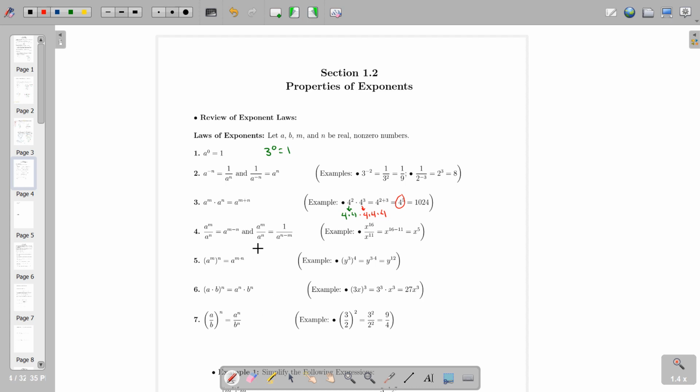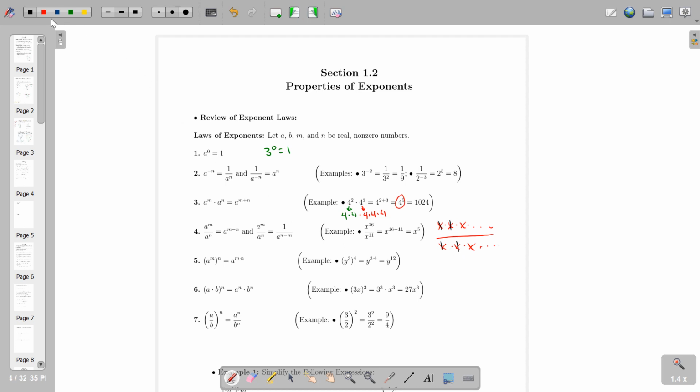And then same sort of thing here. If you have x to the 16th over x to the 11th, that literally means 16 x's multiplied together on top divided by 11 x's multiplied together on bottom. And so you can just cross them out an x at a time. I'm not going to write out all 16 of them, but you can just start slashing out x's from the top and the bottom.